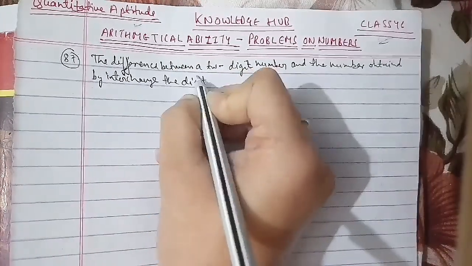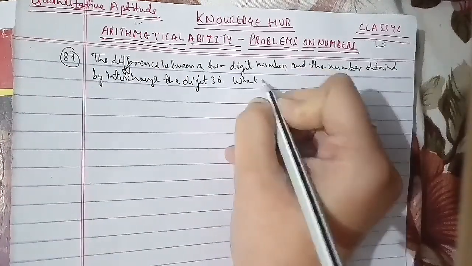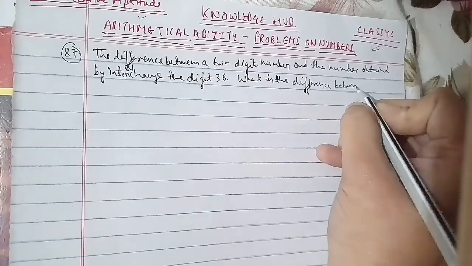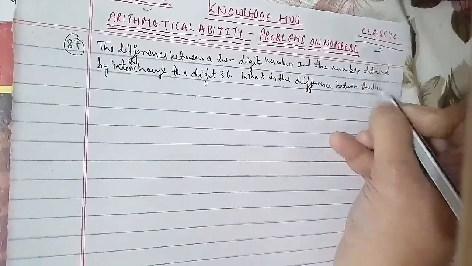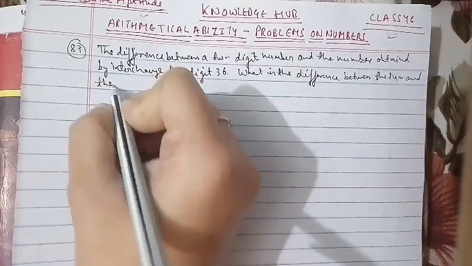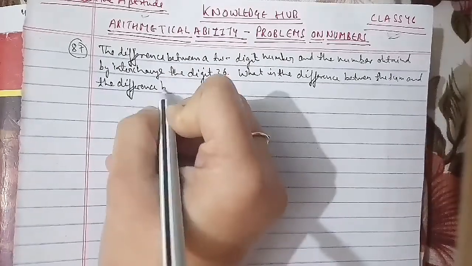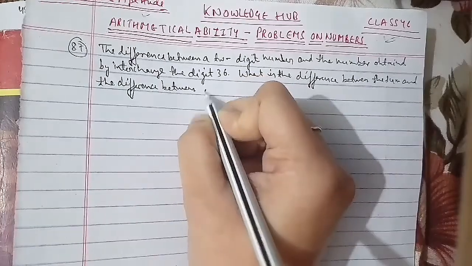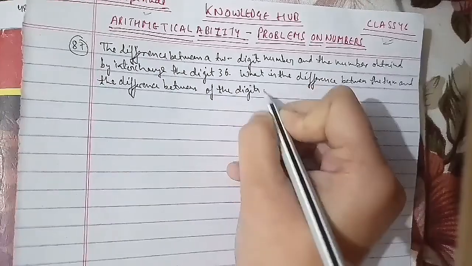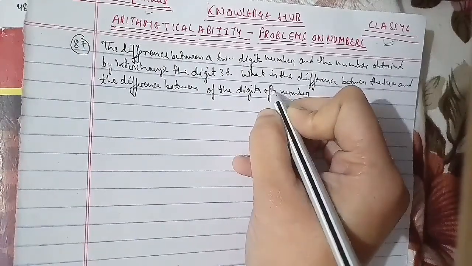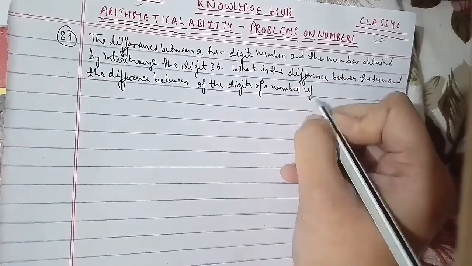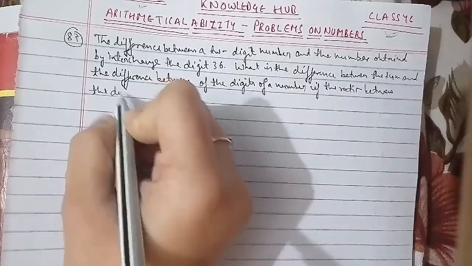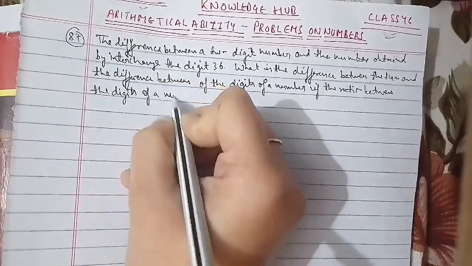What is the difference between the sum and the difference of the digits of a number if the ratio between the digits of a number is 1:2? This has been asked in the math examination paper.